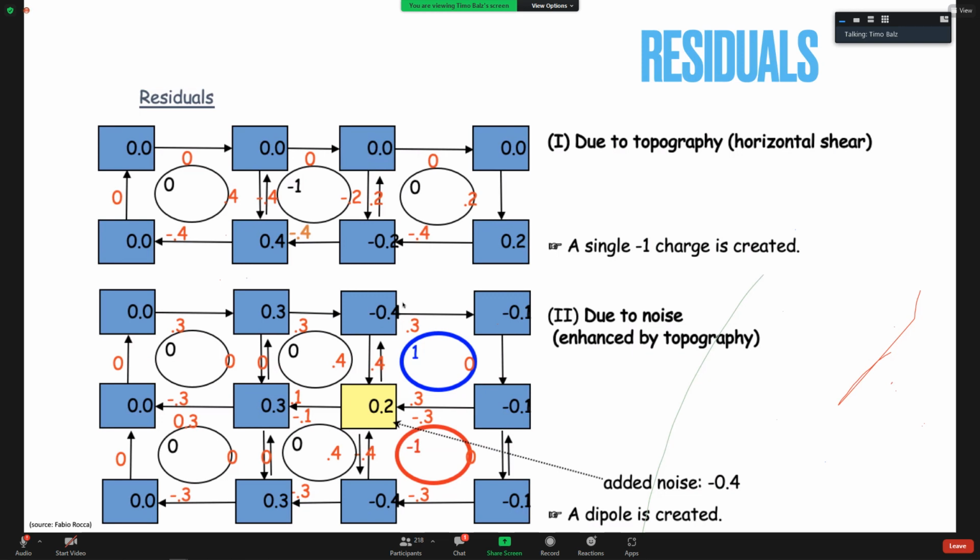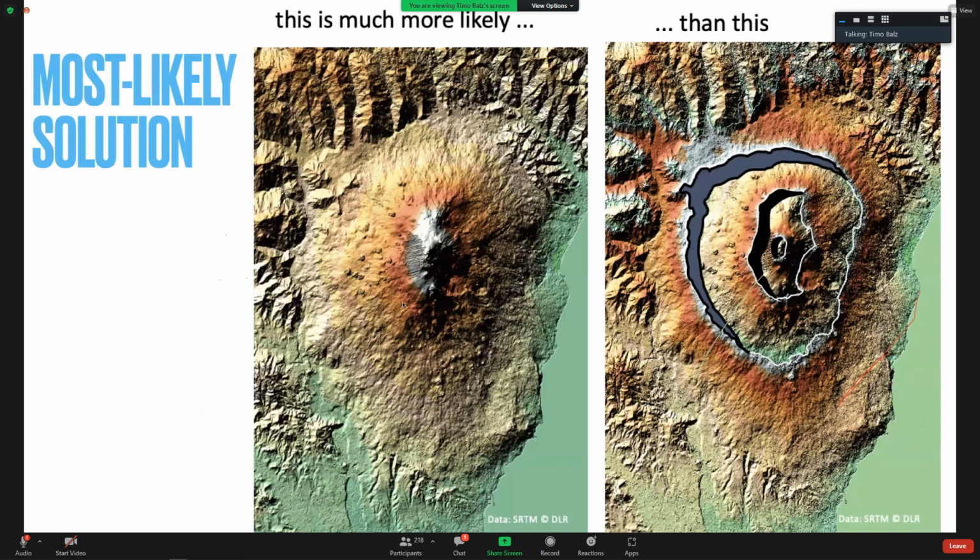Now, one more word on the most likely solution. On the left side, that is the DEM on the left side, right? It would be smooth and therefore the more likely solution than the right side. However, that is all right and true, but it might not always be the correct solution.